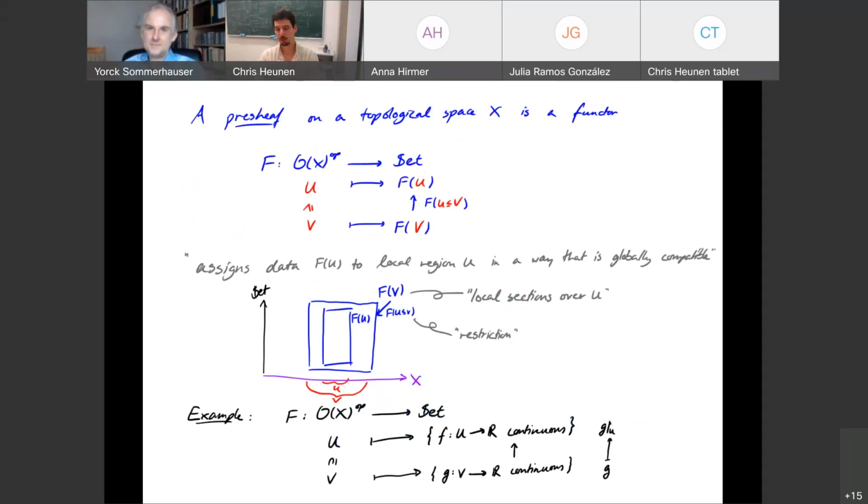So a pre-sheaf on a topological space is just a functor that takes an open subset of the space and attaches some sort of set to it, in such a way that if you go to a larger open subset of the base space, there's a map from the set attached to the large one to the set attached to the small one, right? That's all it is. You attach some set of data to an open subset in a way that when the subset grows, the data shrinks in a sense.